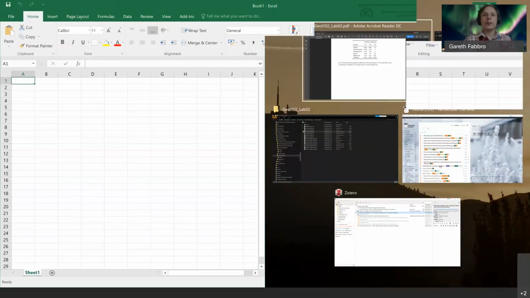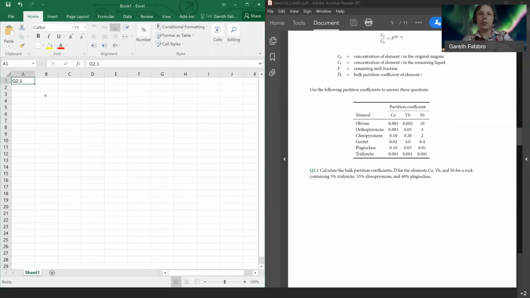So for this, let's say question 2.1. We want cerium, erbium, nickel, and you can calculate your partition coefficient here.